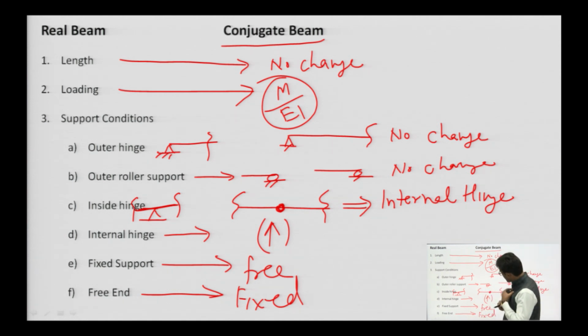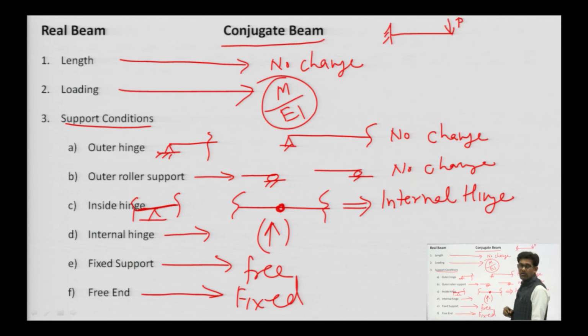If you ask why we are changing the support conditions, see here. Say I have a cantilever beam with a point load P, and its length is L. Its bending moment is PL.